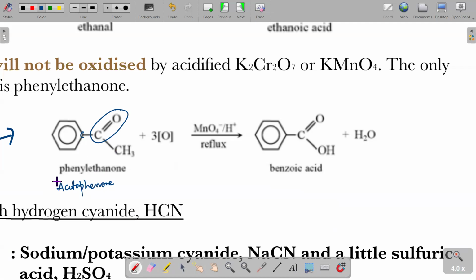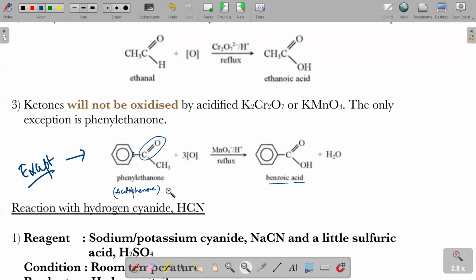So that is one exception, which on oxidation gives us benzoic acid, which is a carboxylic acid. Is it clear? So remember this point regarding your multiple choice questions. Only one ketone undergoes oxidation, the one with benzene attached, which gives us benzoic acid. Otherwise, normally, ketones do not undergo oxidation reactions.